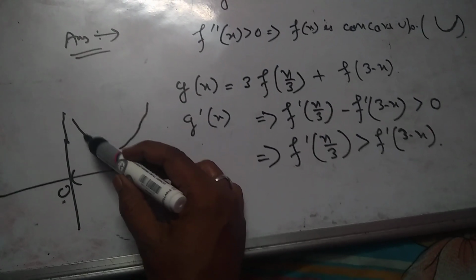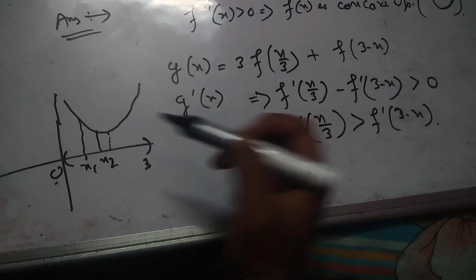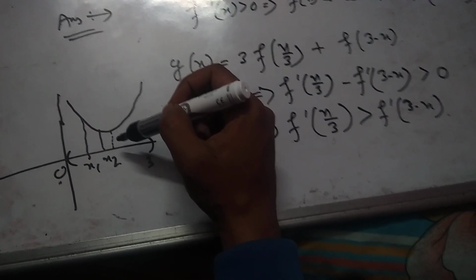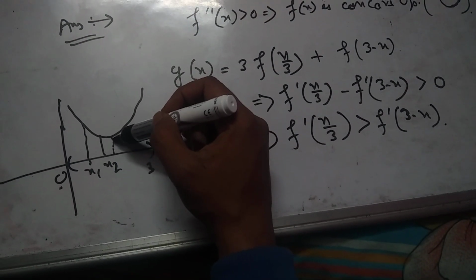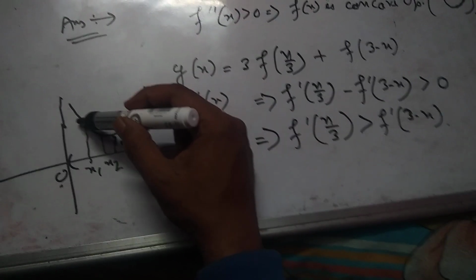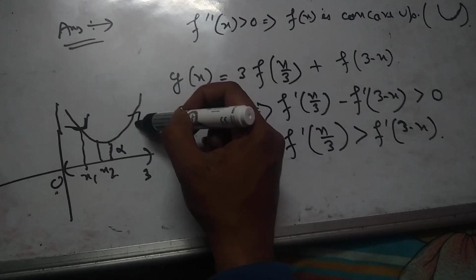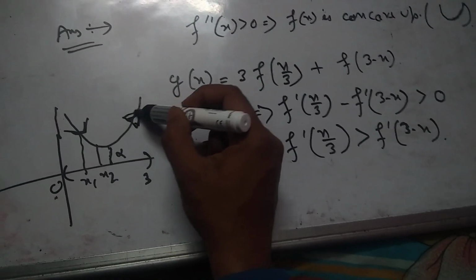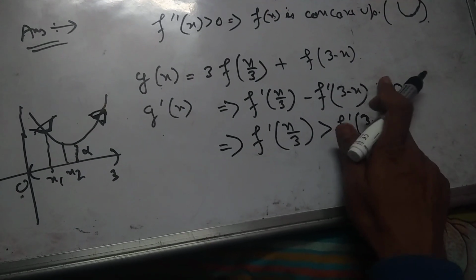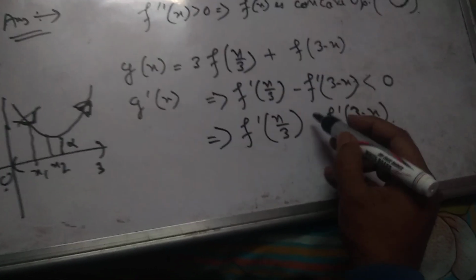So if I pick any two values x1, x2 in f, let's say it has a minimum at alpha and it's decreasing, and then it's increasing. Okay, let's talk about decreasing only first of all. So I'll make it less than 0, right? So this inequality will reverse.